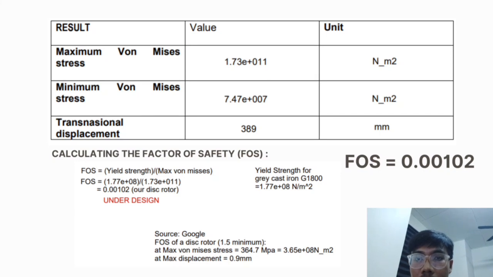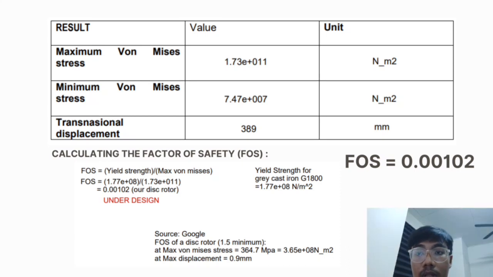So between the yield strength of the material we chose and the material provided, it shows that the max von Mises stress has a higher value than the yield stress. So the factor of safety may not be as efficient as we would obtain.